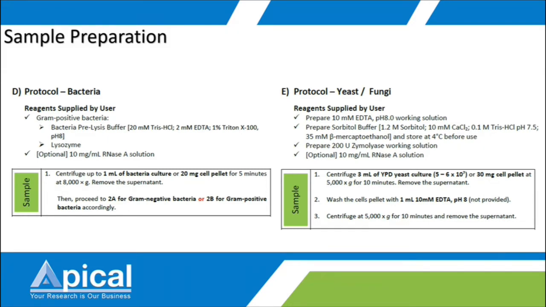Why EDTA? Because of the high affinity and strong chelating property of EDTA, it allows the complete and irreversible denaturation of the metal-containing proteins. So it helps to improve the purity of the DNA extracted. This is especially important for soil samples because soil samples sometimes have heavy metal.